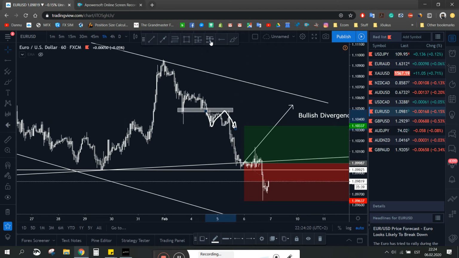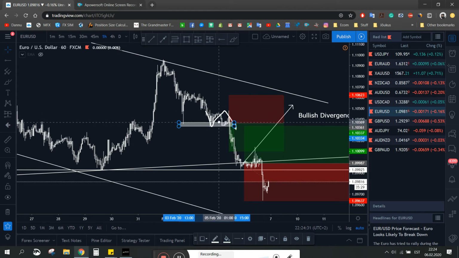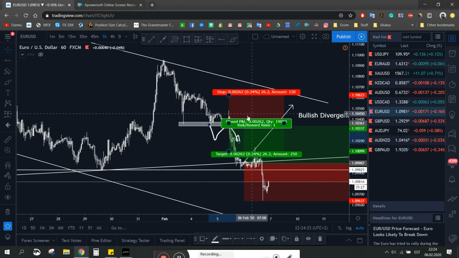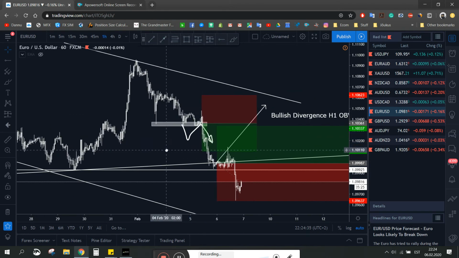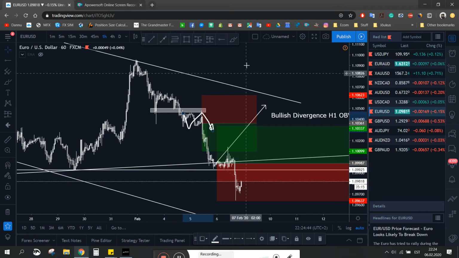And I had a sell position. Yeah, this is sell. I was thinking about entering a sell when price might do this, but it never retested this level, or it retested this level. This is what price ended up doing.